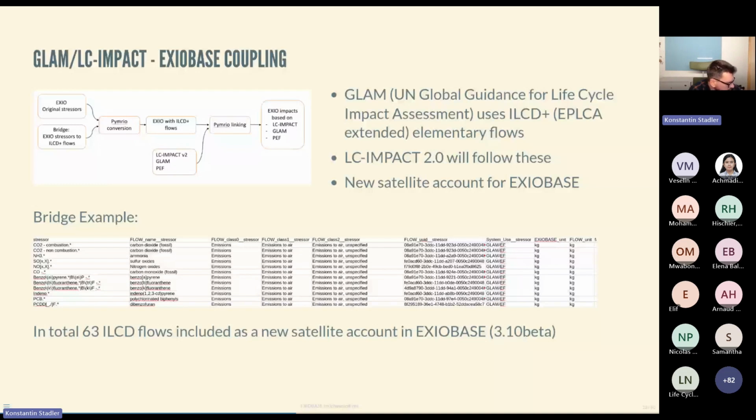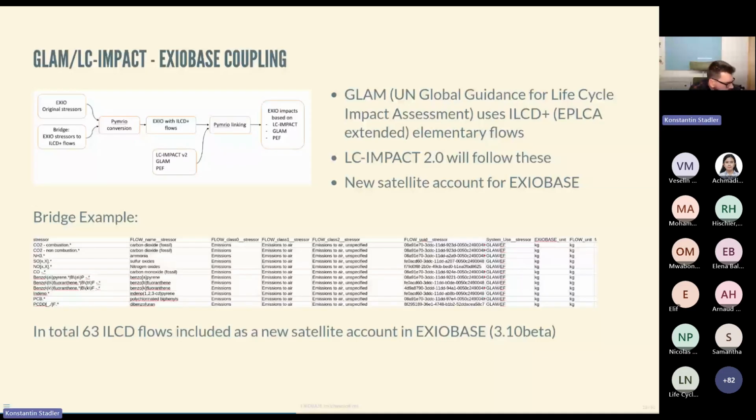We started with GLAM, and for that we had to convert the Exiobase stressors to ILCD flows, elementary flows. We did this in a 2-stage process. So we first converted the Exiobase stressors to these flows, which gives us a new satellite account for Exiobase, which is consistent with these ILCD flows.